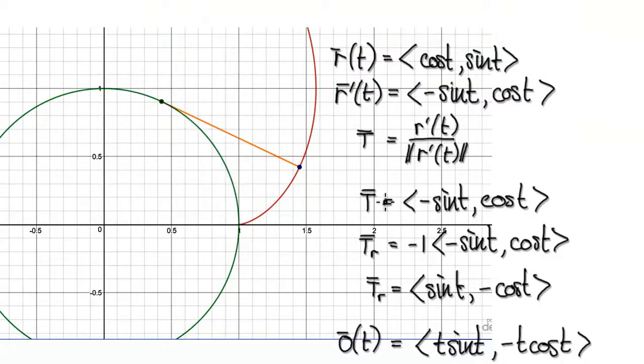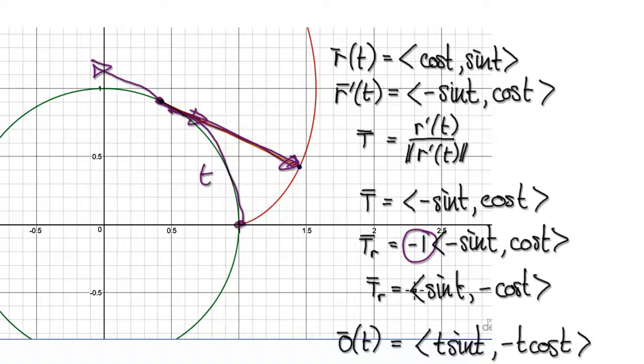So let's start again. We've got a tangent. Stick a -1, that will go in the opposite direction. And then now we need to times by the magnitude of this thing here. The magnitude of this thing here is the same as this thing here, which is t.